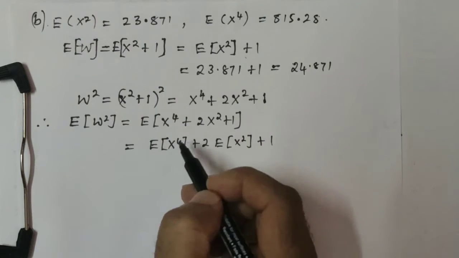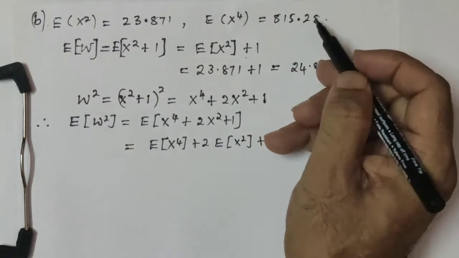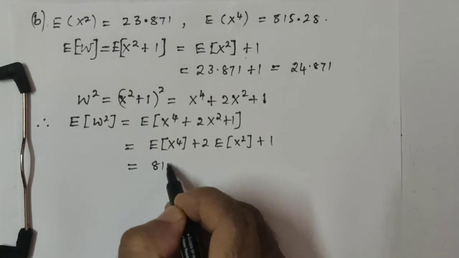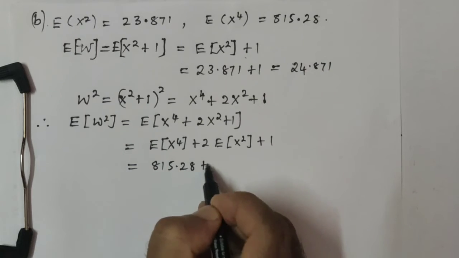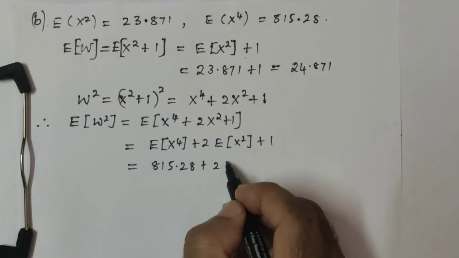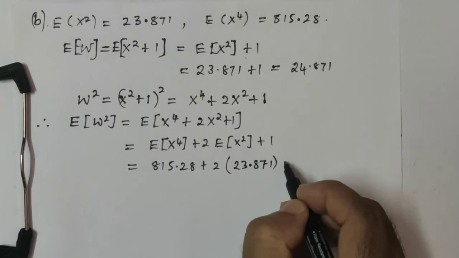The expected value of x power 4 we found earlier, that is 815.28. Substitute: 815.28 plus 2 times the expected value of x square, that is 23.871, plus 1.